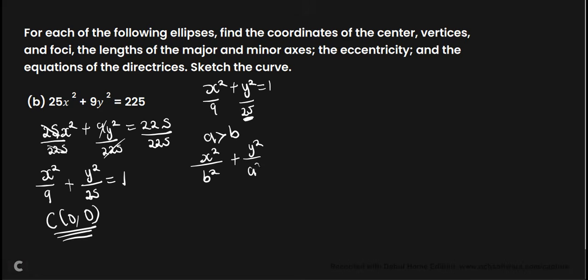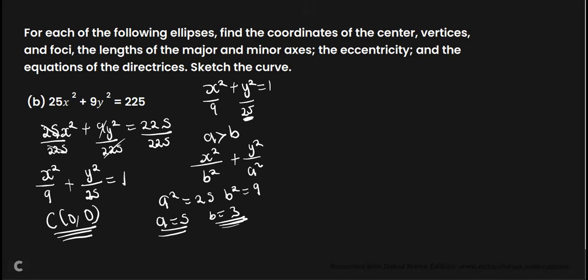So our A squared equal to 25, then our B squared equal to 9. Such that your A equal to square root of 25 is 5, and square root of 9 is 3. So that is your A and that is your B. Now, what is the next thing that we need to find?